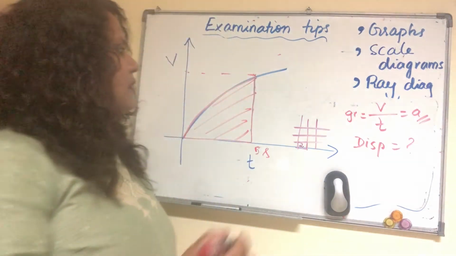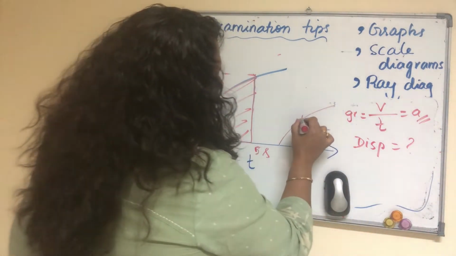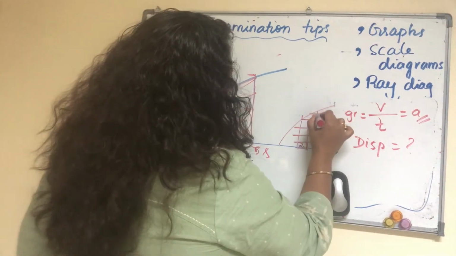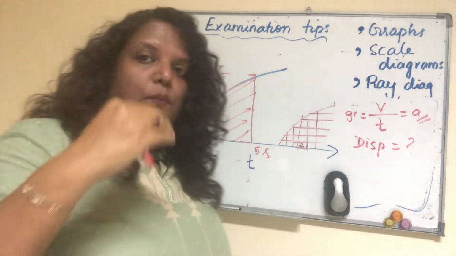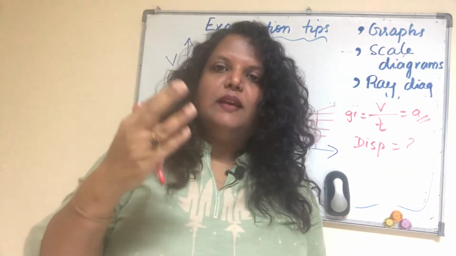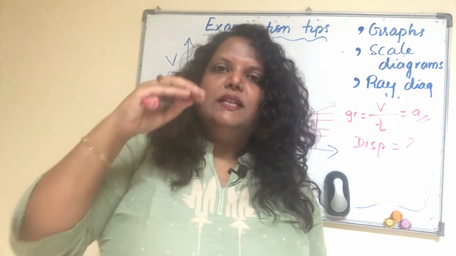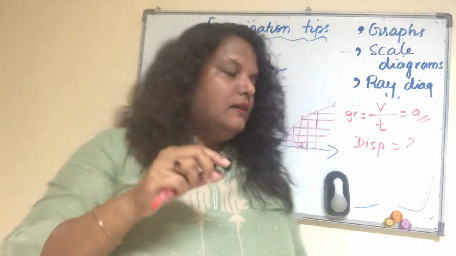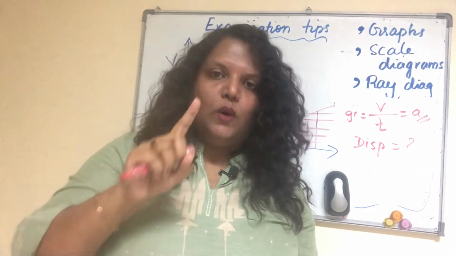The reason being, when it is a curve, if you're counting the squares, the actual method teaches you, if the square is more than half, it's like approximation, like when you're rounding off numbers, very similar to that. If the curve passes through more than half of a square, then you count that as 1.